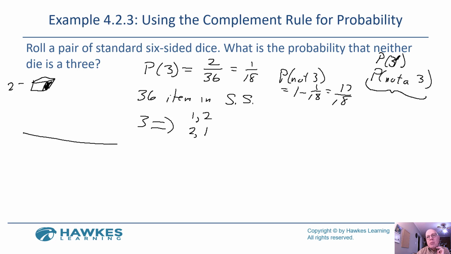Now we'll get to the real problem. What's the probability neither die is a 3? So we could list all the outcomes, but what's the complement? The complement is either die is a 3. So check to yourself how that works.